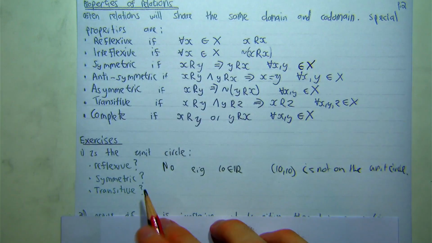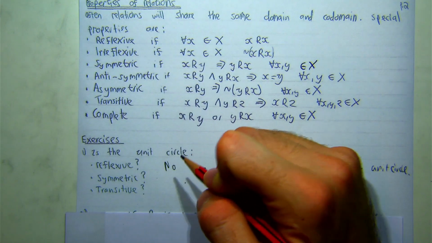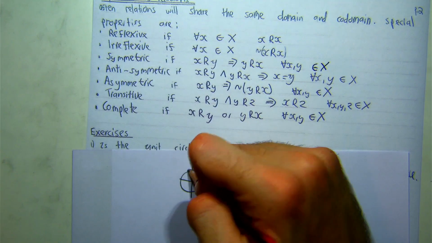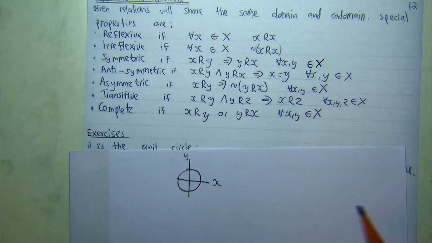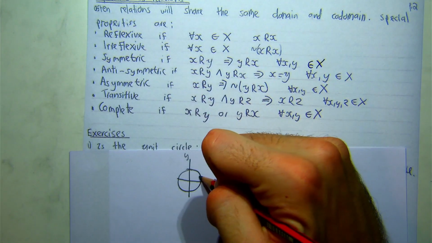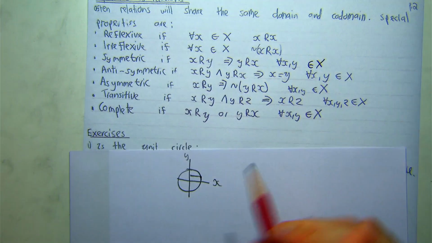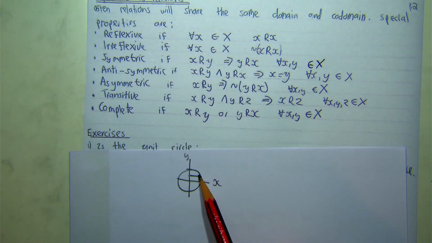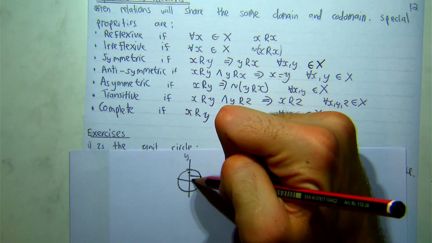Okay, what about symmetric? If x relates to y, does y relate to x? If we think about what the unit circle looks like, and we have our x and our y, if we have a point here with this y value and this x value, and then we switch it, this width will become this height, and this height will become this y.